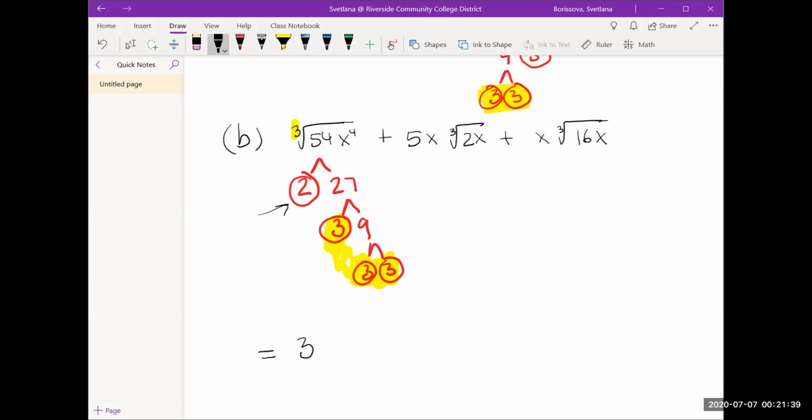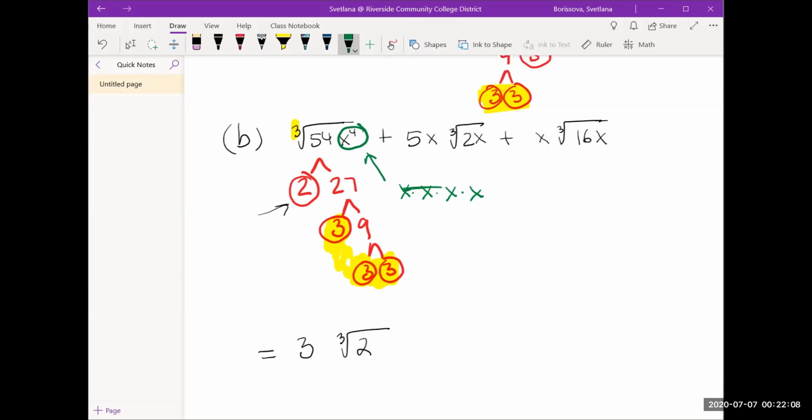And then I will also have variables there, right? Let me put 2 inside right here. But I also have a variable, x to the 4th power. Now I can think about variables kind of the same way. I can expand x to the 4th power as x times x times x times x. I can find a triplet.